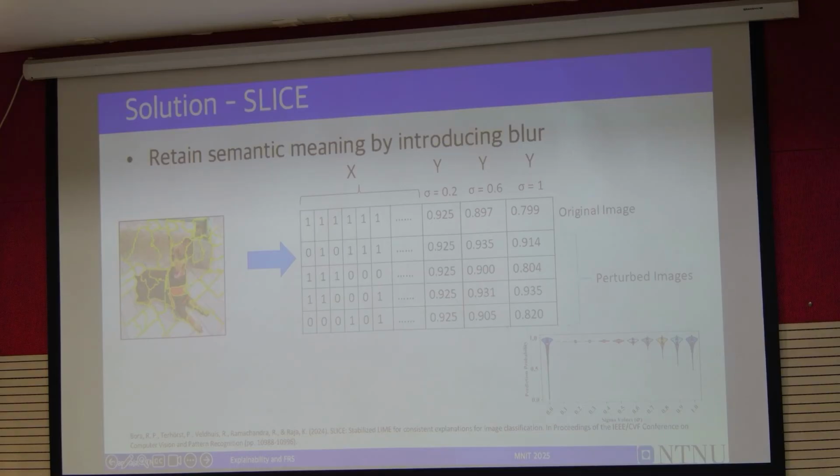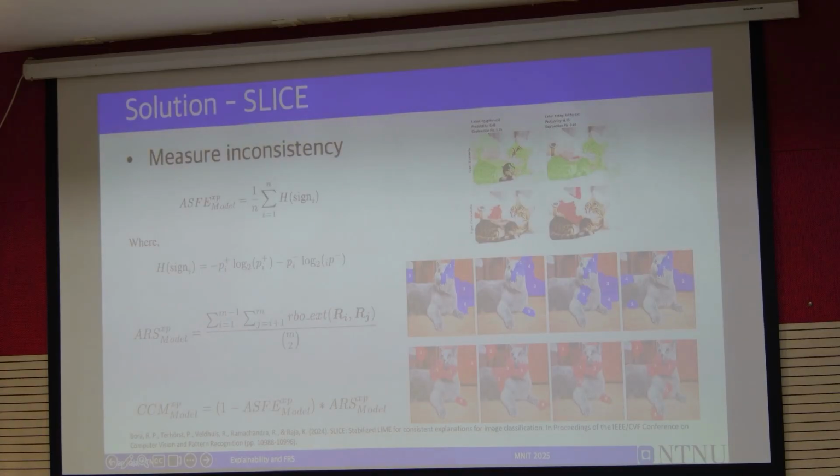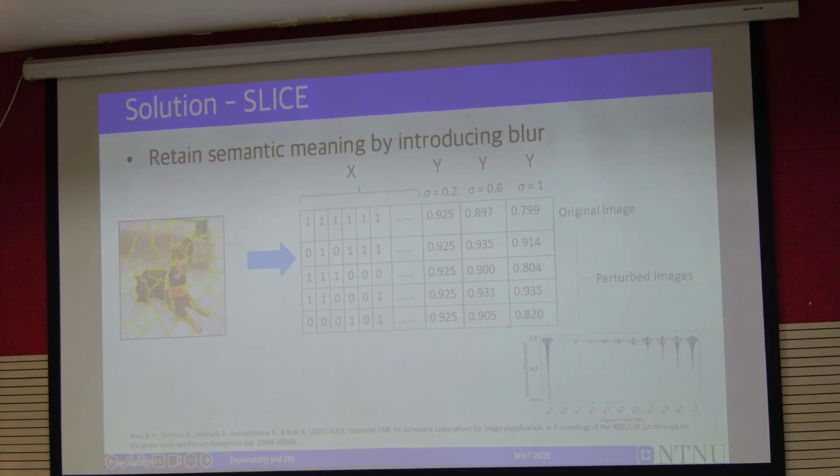Now let's take a step ahead, right? Why should you trust me that the semantic meaning would be consistent? To measure that, let's assume that we have this particular table. In this table, I can see that the prediction probability is either positive or negative.